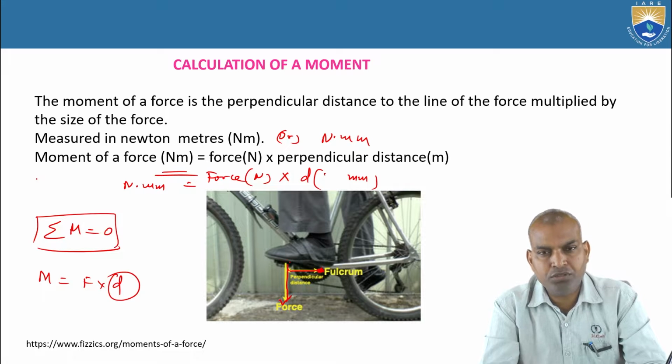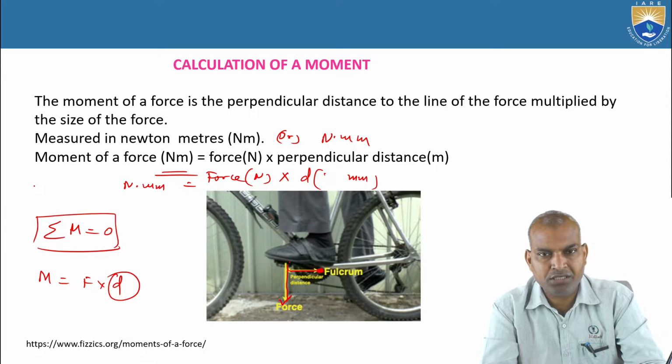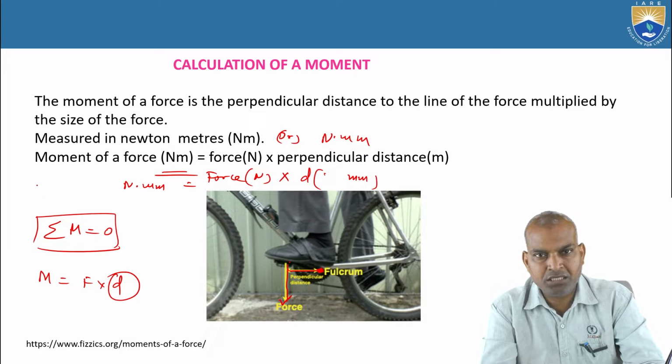Once again, the effect of the moment of a force is the rotary motion of the body. So whenever the body is rotating, it is under movement, unless some external force acts.